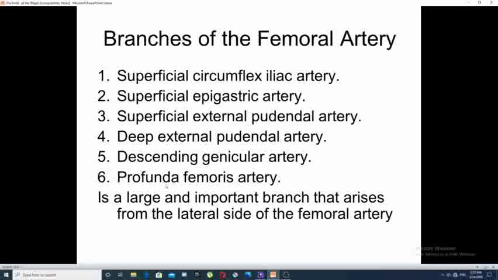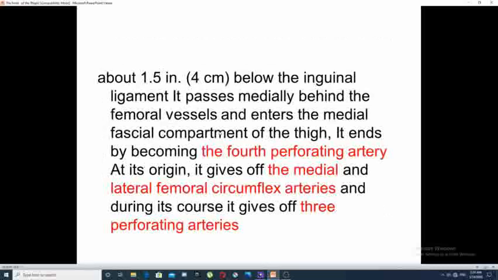This last one, the profunda femoris artery, is a large and important branch which arises from the lateral side of the femoral artery about 4 centimeters below the inguinal ligament, and it passes medially behind the femoral vessels to enter the medial fascial compartment of the thigh. It ends by becoming the 4th perforator artery.